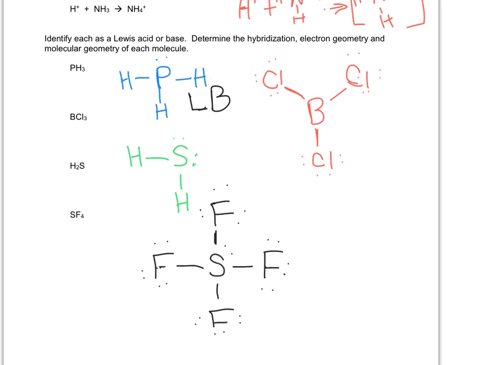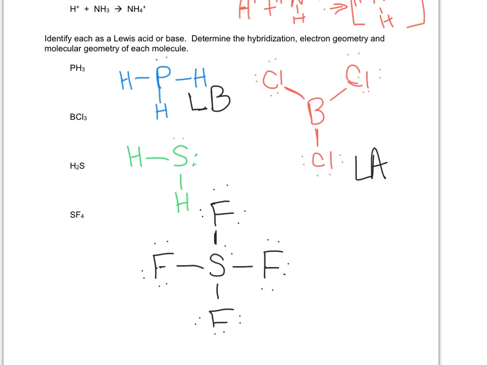So that definitely will be a Lewis acid. Let's review its hybridization and electron geometry. There are 3 areas of electrons, so that would be an sp2 hybrid. Three areas of electrons is trigonal planar, and that applies to both the electron geometry and the molecular geometry.